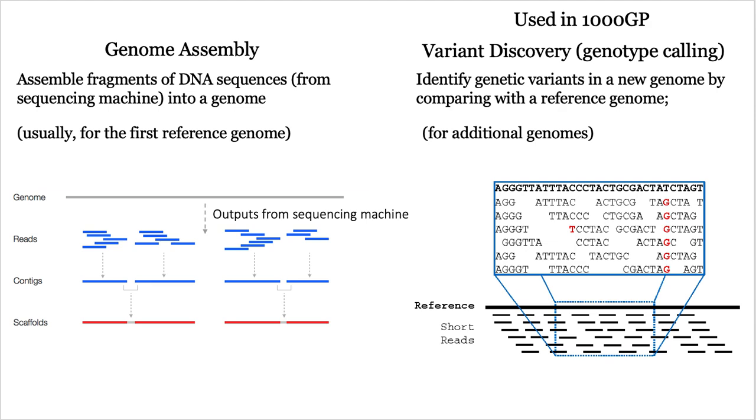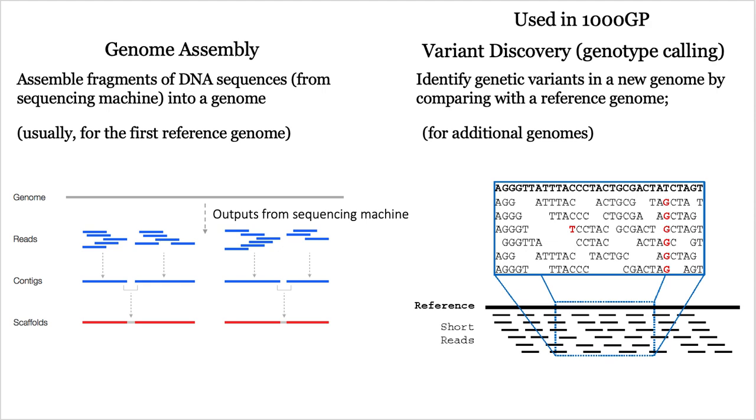And you try to piece them together and build the sequence that corresponds to the original genome. So this is the process of building a genome assembly. Now, in the 1,000 Genomes Project, we already have our first human reference genome. So theoretically, we could do the same thing.